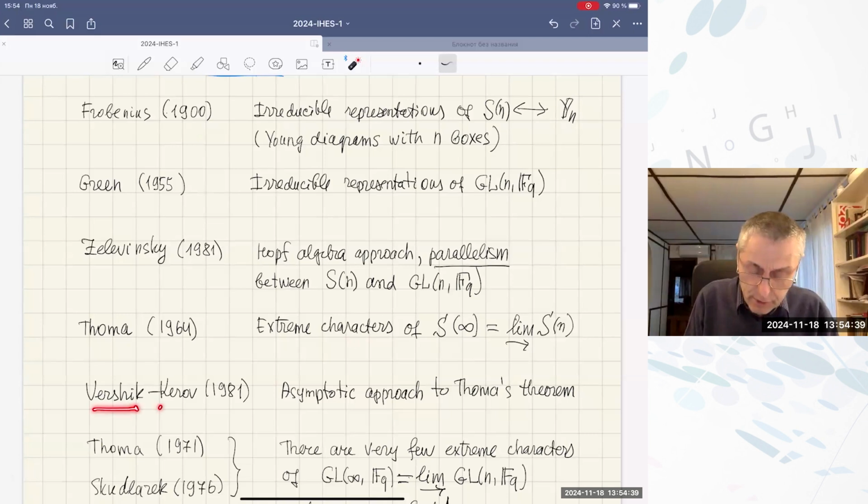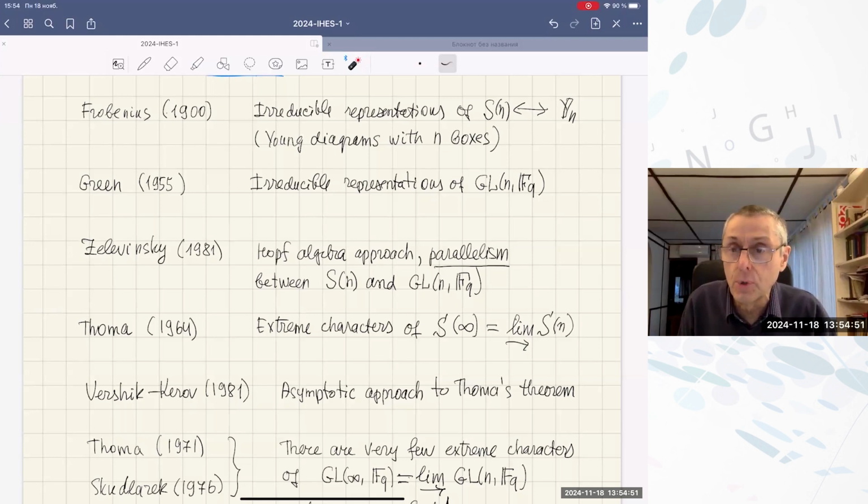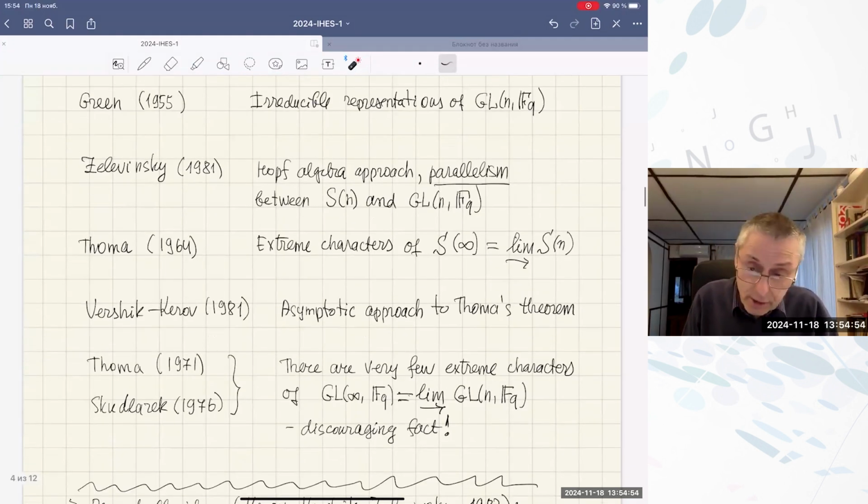And Anatoly Moiseyevich Vershik and Sergei Vasilievich Kerov managed to find another proof of the result of Thoma, which explained the origin of these Thoma parameters. But next, it was quite natural to understand what happens with the infinite GL_N, which is understood as an inductive limit. But the result was discouraging. Thoma and his student Skudlarek discovered that there are very, very few extreme characters, almost nothing.